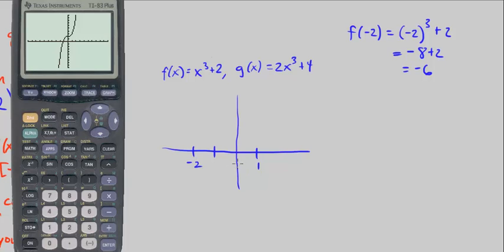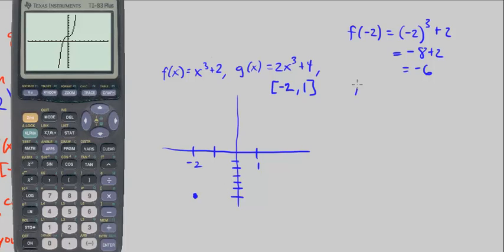So I'm going to use a little smaller y-axis units. 1, 2, 3, 4, 5, -6. So here is my point at -2. And because I'm looking at the region -2 to positive 1, inclusive means I'm going to bubble that in, and it's a closed circle.